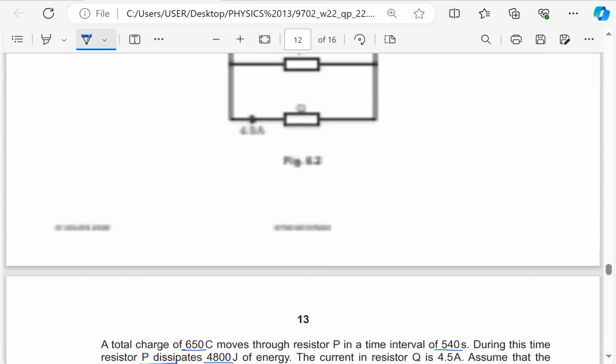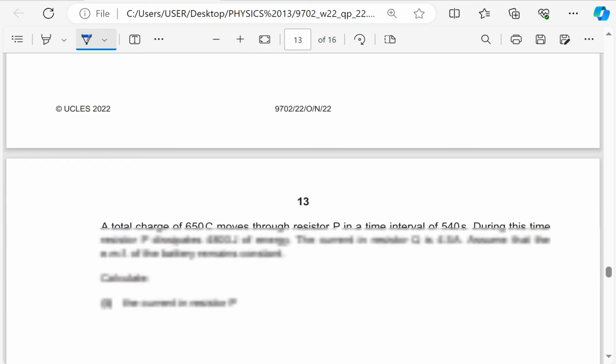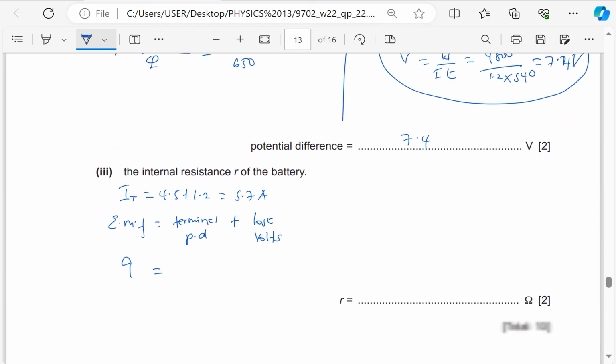Of course, note that P and Q are in parallel. That means the terminal PD across them is the same. So this is going to be just 7.4 plus the lost volts. And remember, the lost volts is going to be current times the internal resistance.